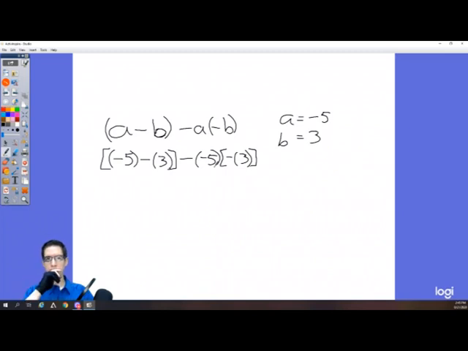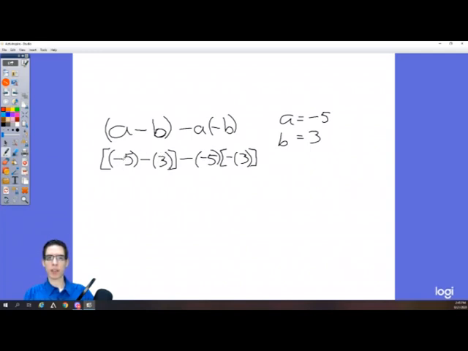Okay? Now, parentheses, as we know, tell us to look at them first. Brackets get priority over parentheses, so that means we need to look at this group here and this guy right here. We need to take care of the brackets first, and then we're going to be able to take care of the parentheses after.